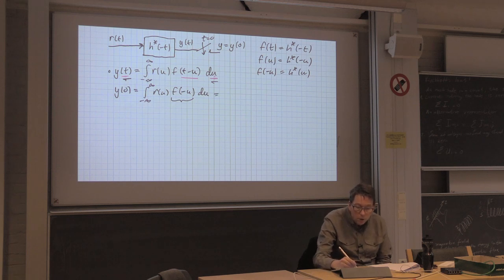So what we have left is the integral from minus infinity to infinity of r of u h conjugate of u du, which by definition is the inner product of r of t and h of t.